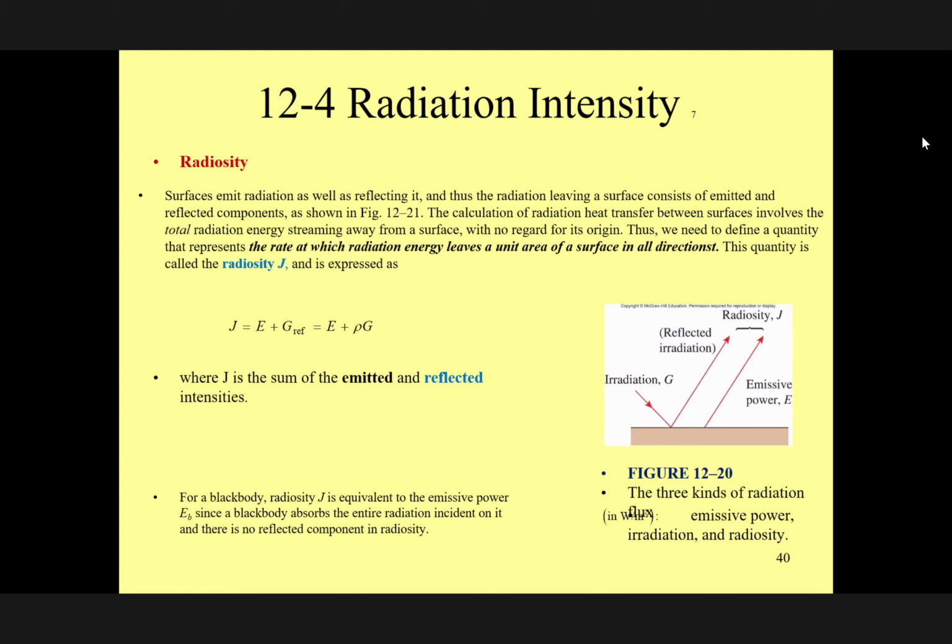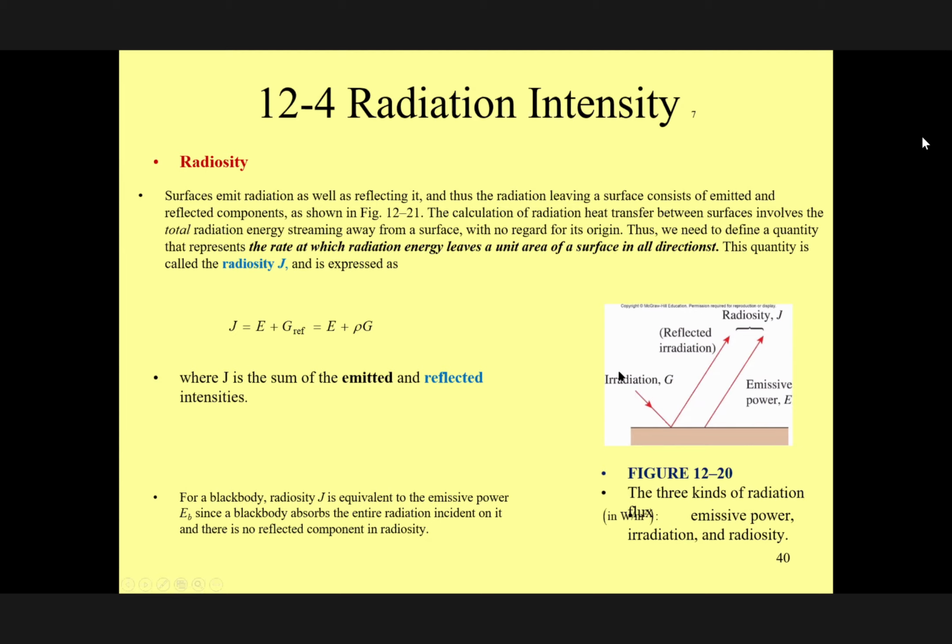Every surface when exposed has two components: one is emitted because the surface has a certain temperature, and the other is from incoming radiation, where a portion will be reflected, very low or very high depending on the reflectivity. We have to keep in mind every surface has both simultaneously, emitted and reflected. The total leaving the surface consists of the emitted and reflected parts.